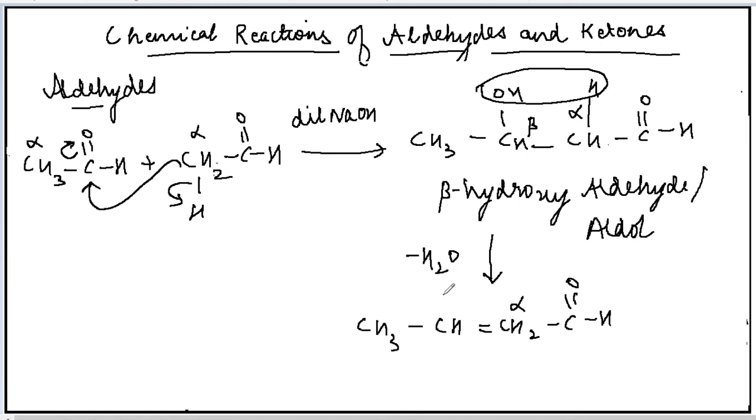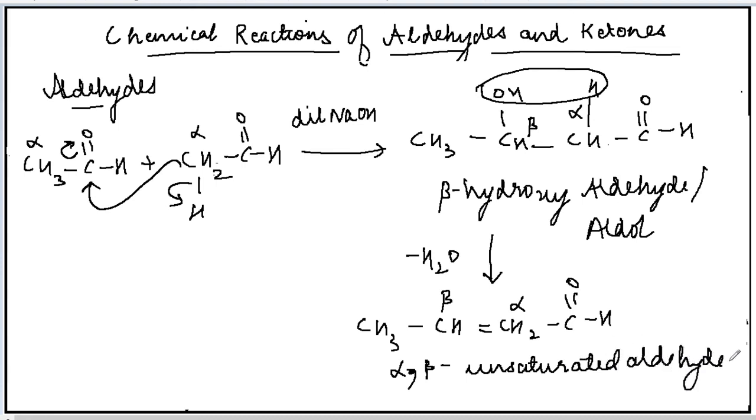This is the alpha carbon, this is the beta carbon, there is a double bond between them. So this is your alpha beta unsaturated aldehyde. Okay. So this is known as the aldol condensation reaction, and here I have taken the aldehyde.